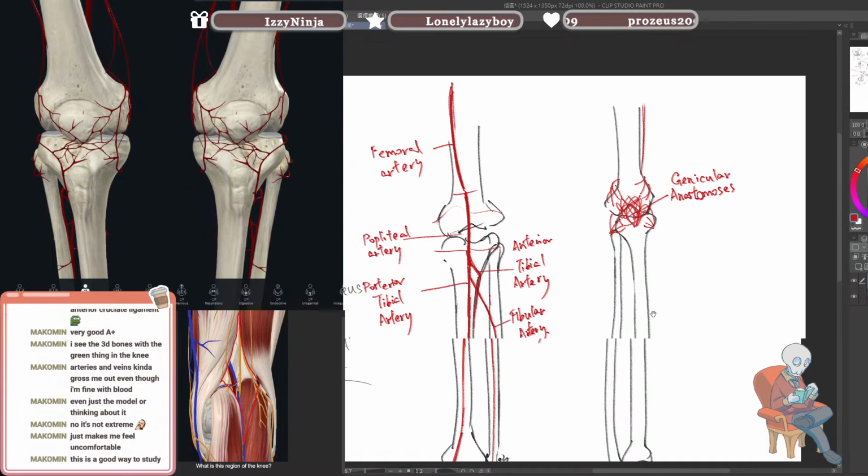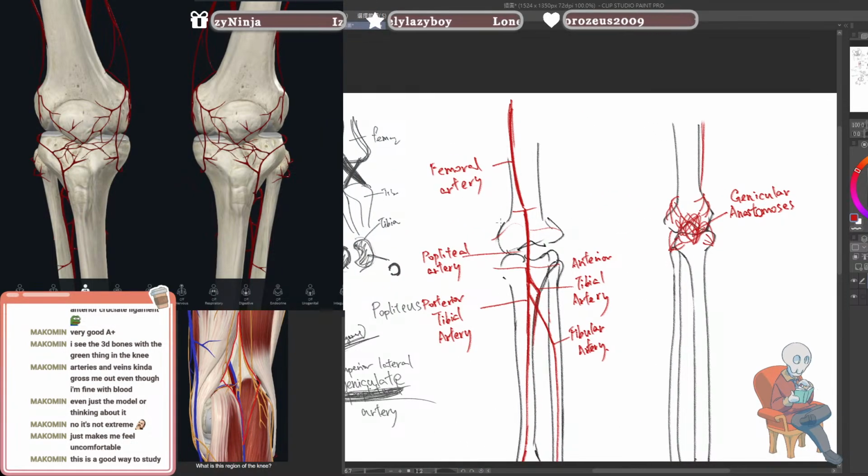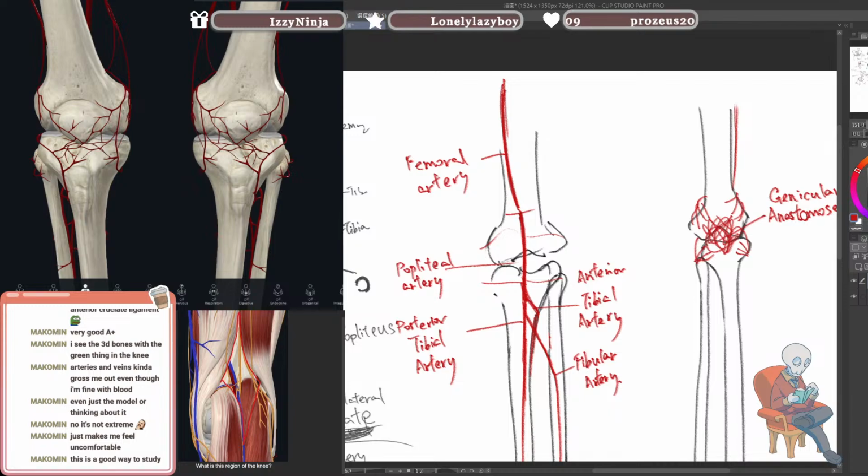So, this area is the back of the knee. So I'll use blue.